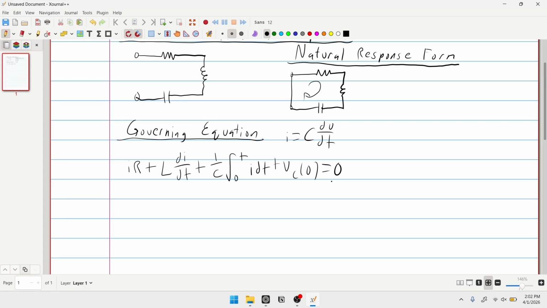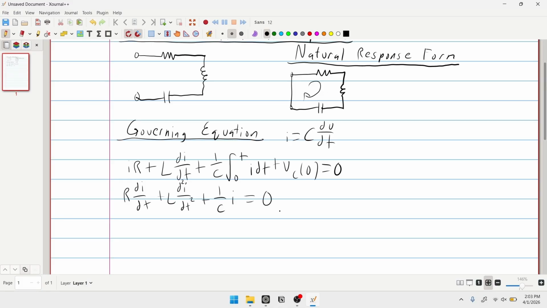Okay? So, like the parallel case, I'm going to differentiate both sides. So I have R di dt, L d squared i dt squared, plus, and this is just an integral, so we're just going to remove the integral because we're differentiating, 1 over C times I, and the initial voltage is a constant, so that's just going to disappear.